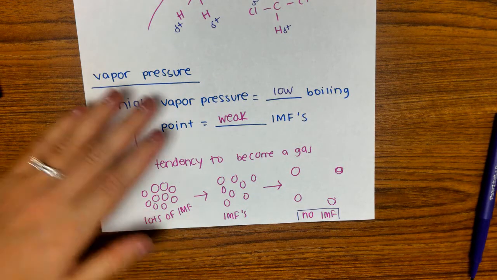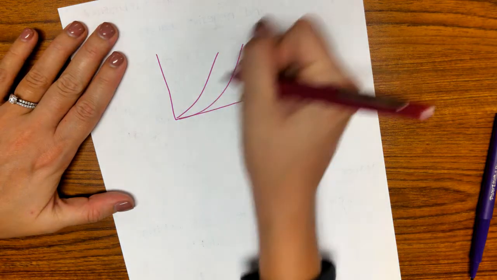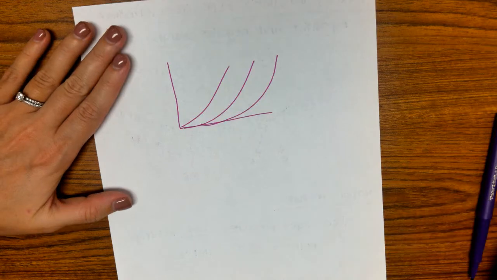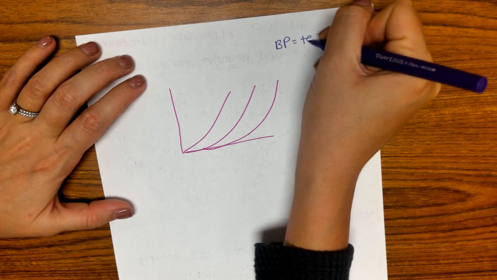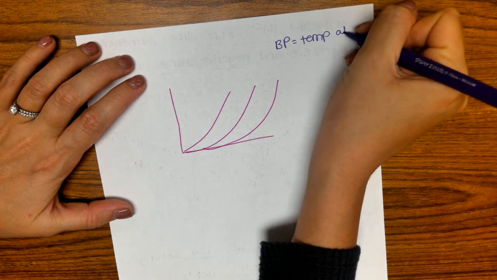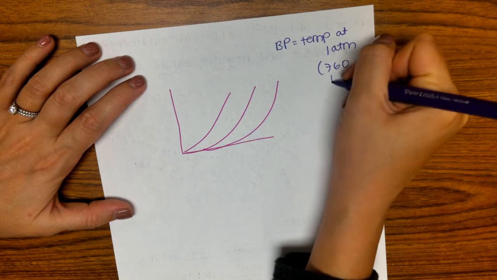And you might see some vapor pressure graphs. They all have like this general shape. You can tell the boiling point. Remember, boiling point is the temp at 1 atm, which is also 760 in mmHg.